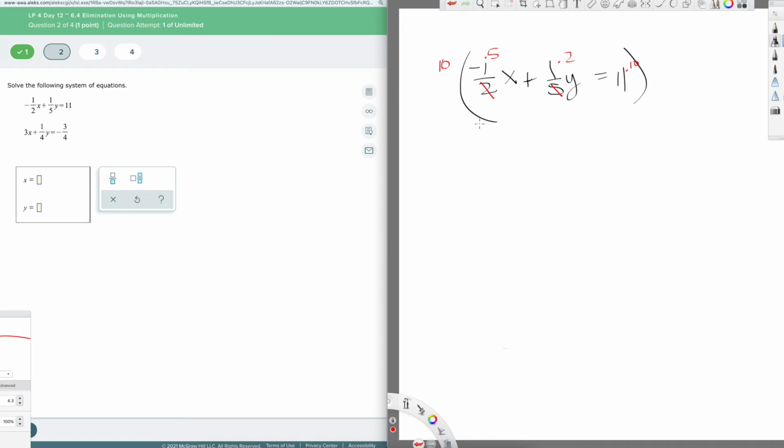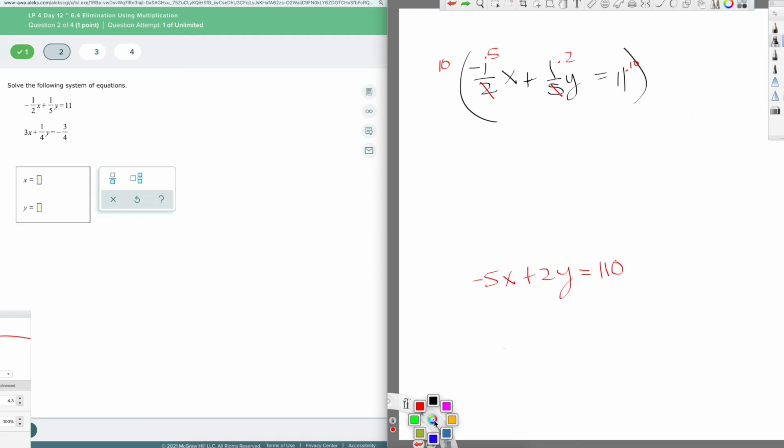So this equation becomes negative 5x plus 2y equals, and with this one we're just going to add a 0 to the end because we're multiplying by 10. So it's 110. It's 11 tens. That's another way we can think about that. We had 10 tens in 100, plus one more is 110, right?